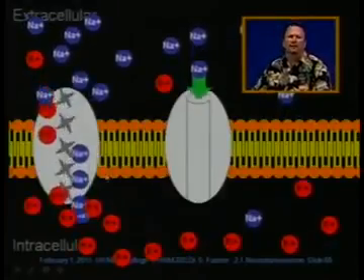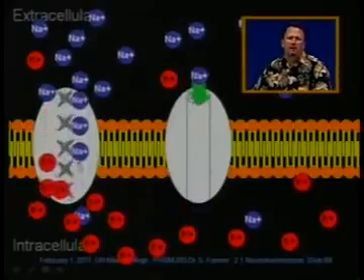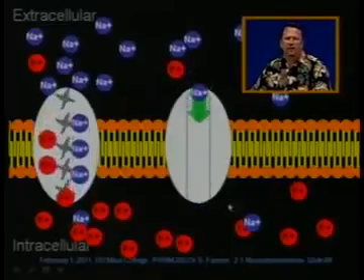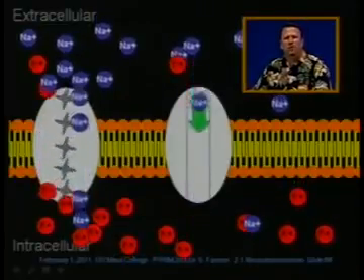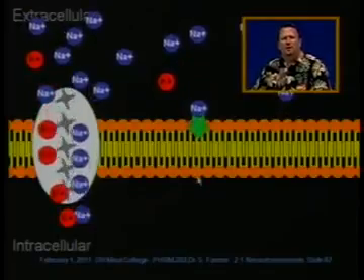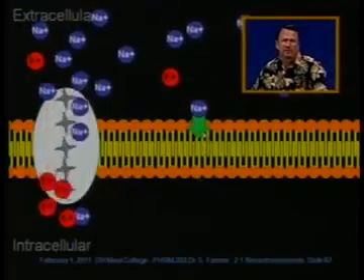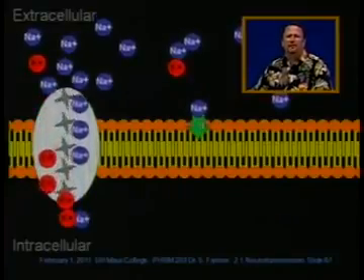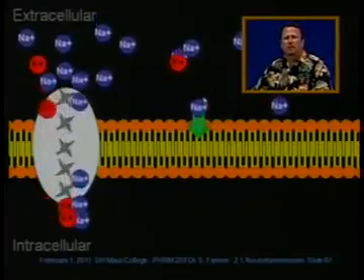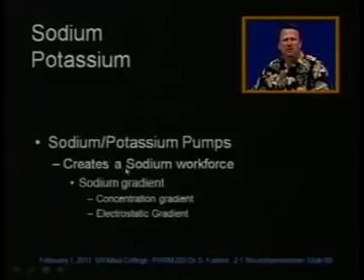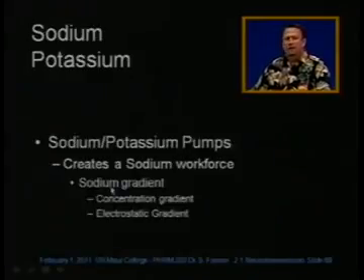So what happens when we pump sodium out of the cell and pump potassium into the cell? Well, we end up with this sodium force where sodium is trying to get back inside of the membrane. And so the sodium-potassium pumps create a sodium gradient.